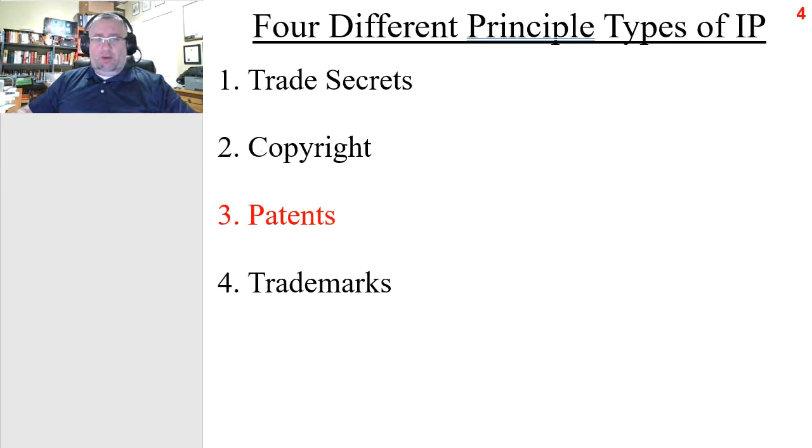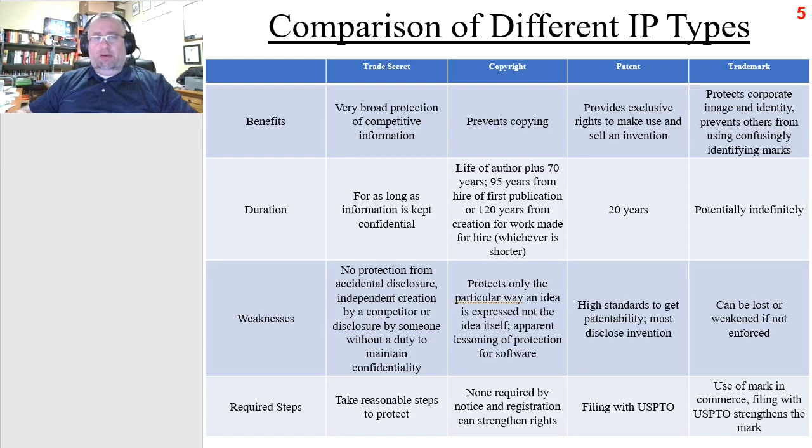And just as a quick reminder, there are four principal types of intellectual property: trade secrets, copyrights, patents, and trademarks. Depending on the order in which you've watched my videos, you might see these in slightly different order, but you can always come back to this slide, which gives a comparison of the different types of intellectual property across a series of metrics: benefits, duration, weaknesses, and required steps.